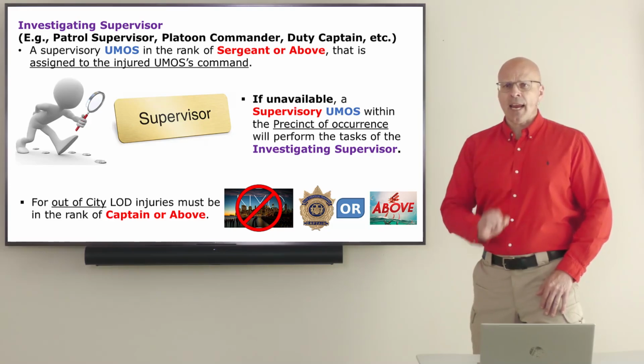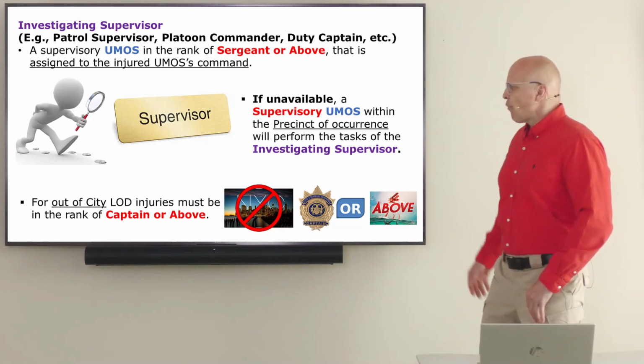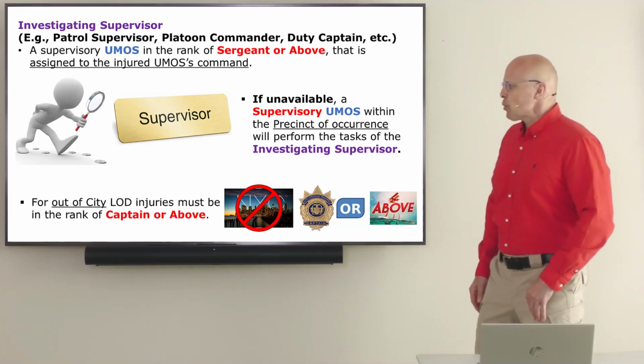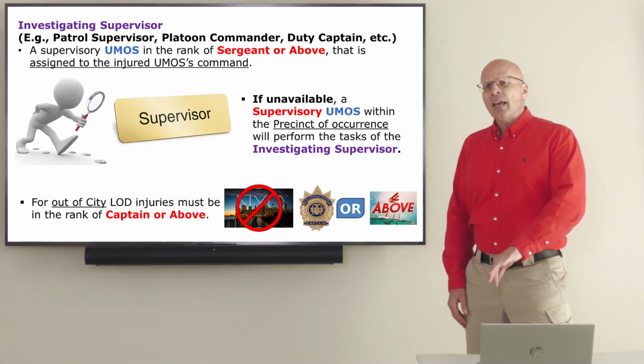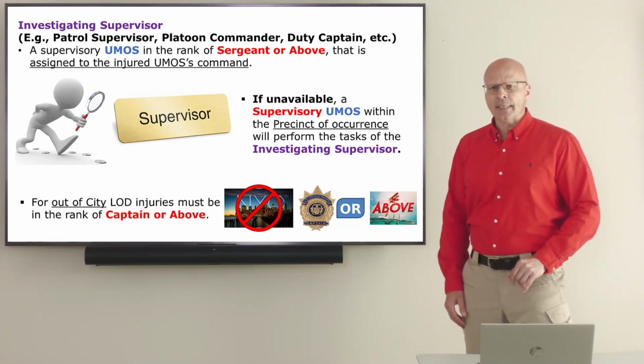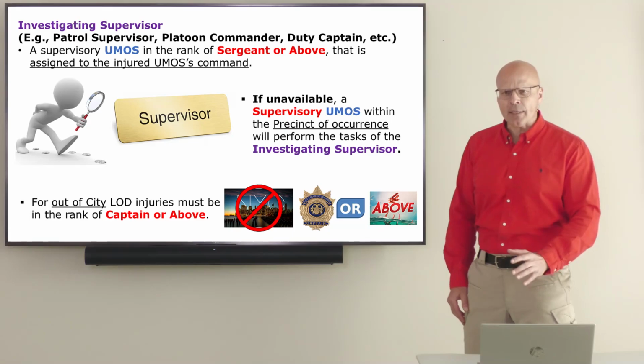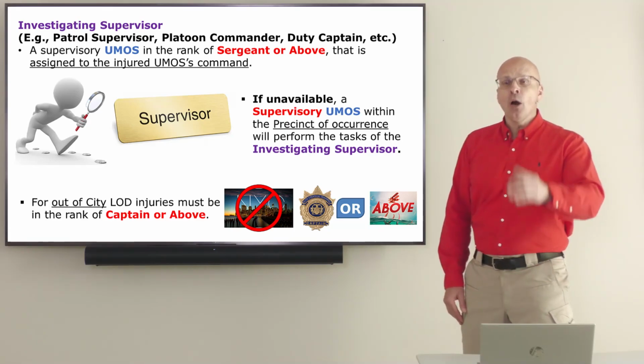Know your three examples on who the investigating supervisor is. And finally, for out-of-city line of duty injuries, must be in the rank of captain or above. If it's outside the city and they're injured, a captain above will investigate. So now we know who the investigating supervisor is. Now we have to go over his duties.